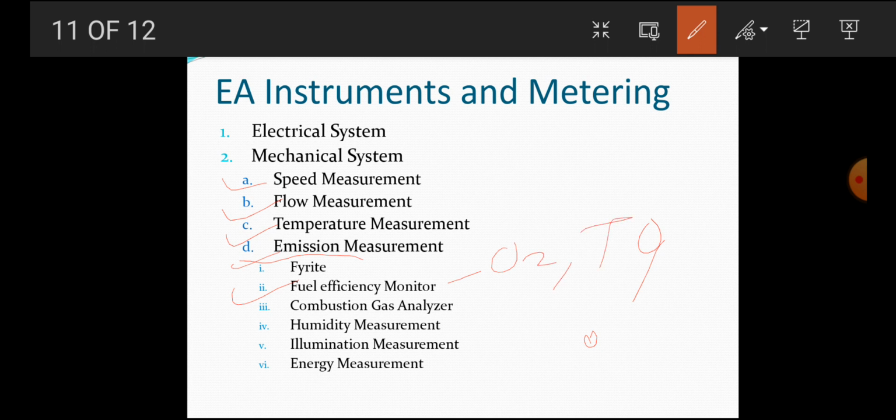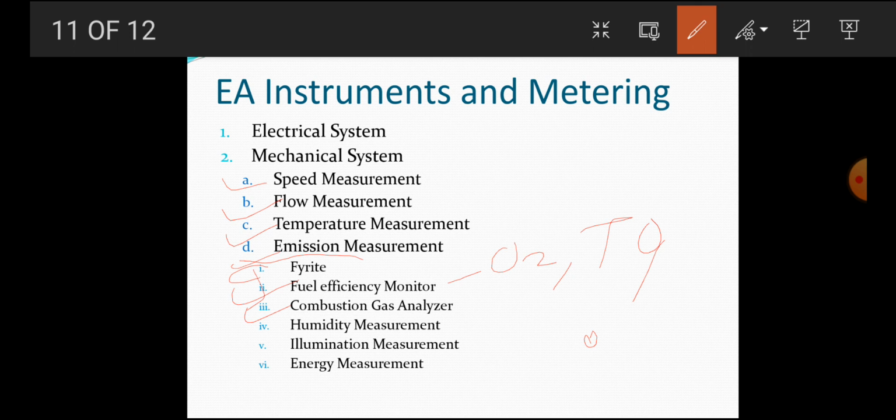Calorific values of common fuels are fed into a microprocessor, which calculates the combustion efficiency. So it is just a monitor in which you can feed the data with the help of fire rate or any other instruments. Then combustion gas analyzer.